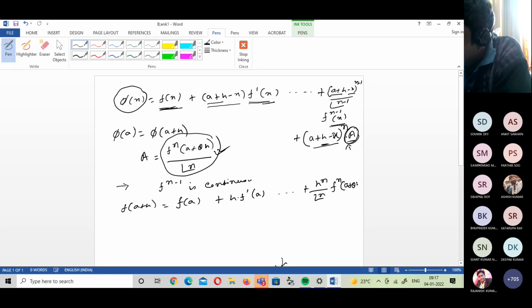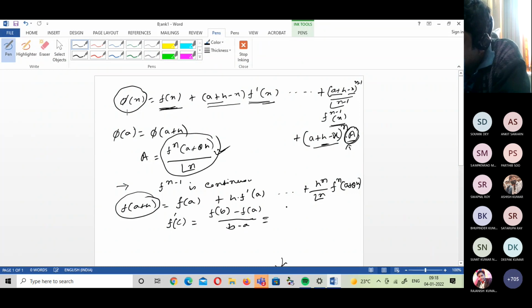No, you are not expanding. F of b you are expanding, because if you go to the first class, you have seen that f dash c equals f b minus f a by b minus a. That you have seen.